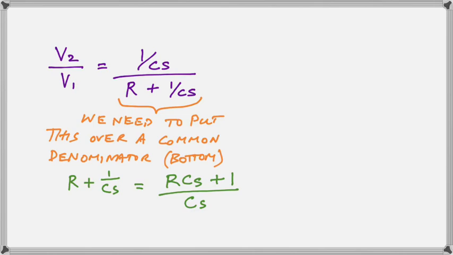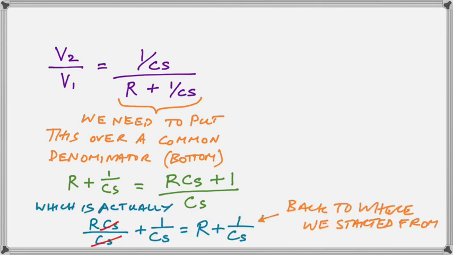Notice what we've done. Now, what happens next? Well, we want to prove to you that that is the same as what we started with. So we, once again, separate them. We cancel out the CS, and we're back to where we started from.